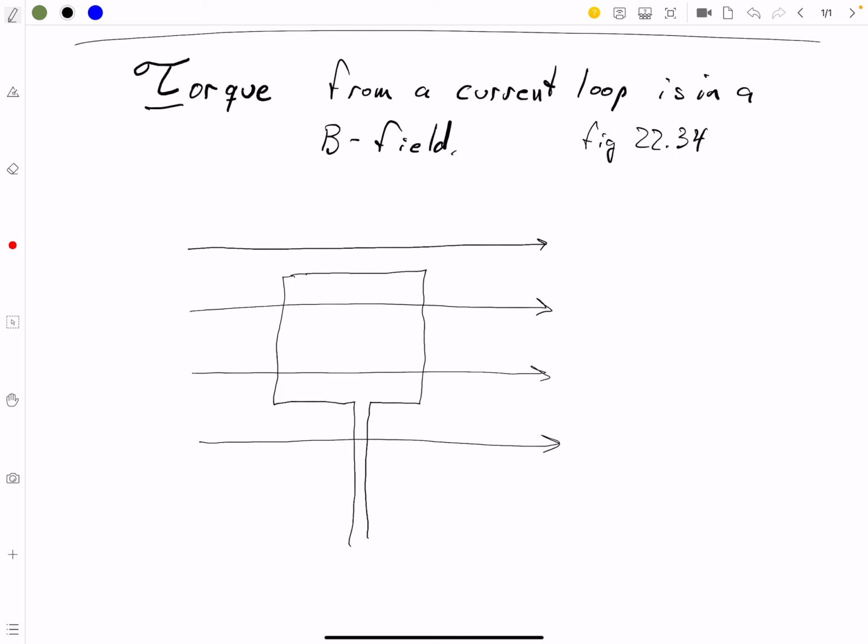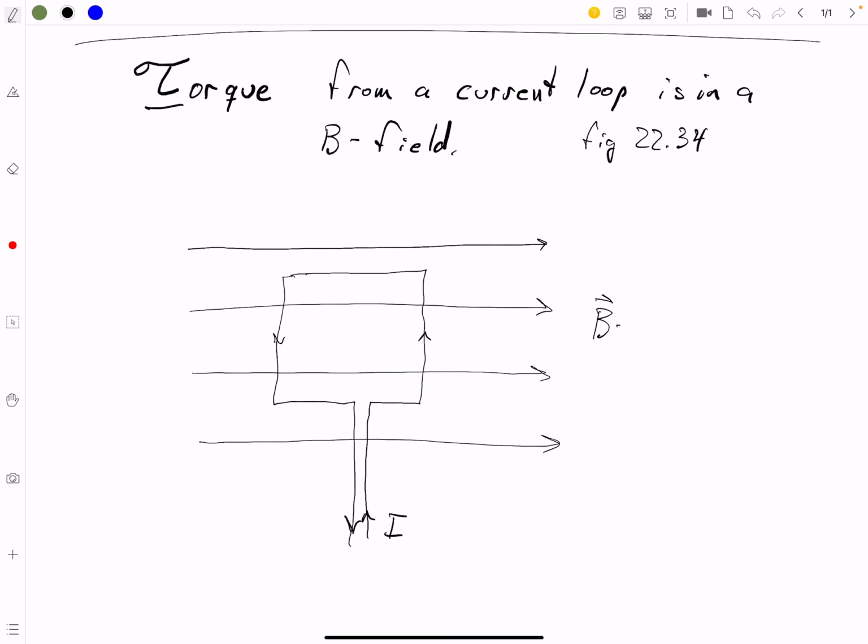Okay? And we're going to shoot our current in one side and out the other. So it'll be going up there, down there. And don't forget, this is our B field here. So that's kind of a sideways view.